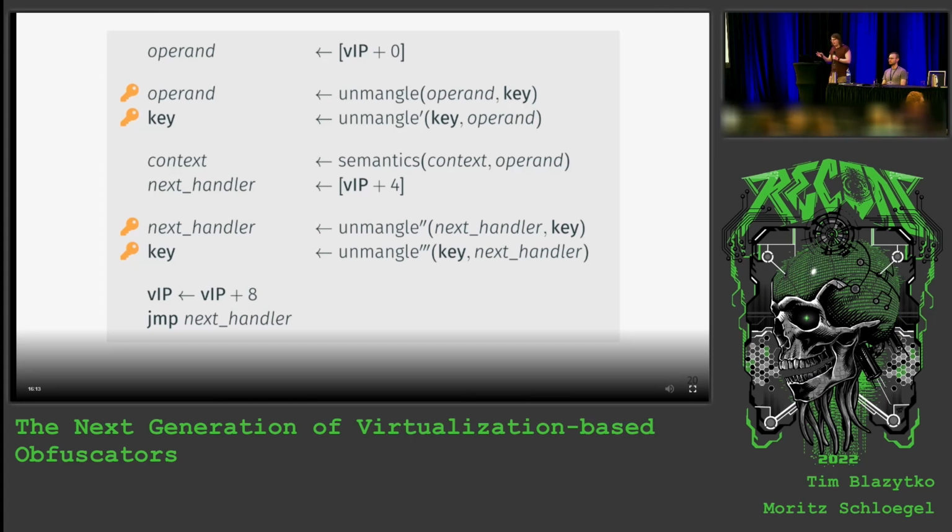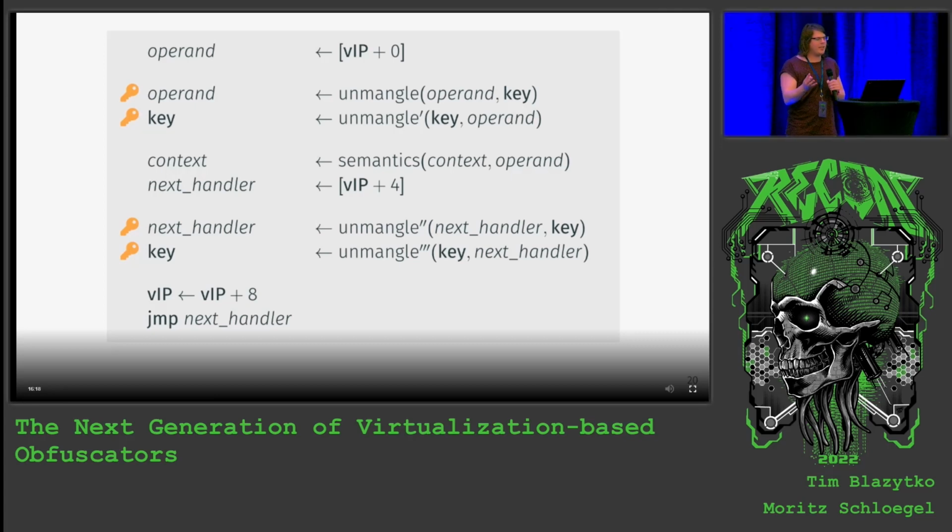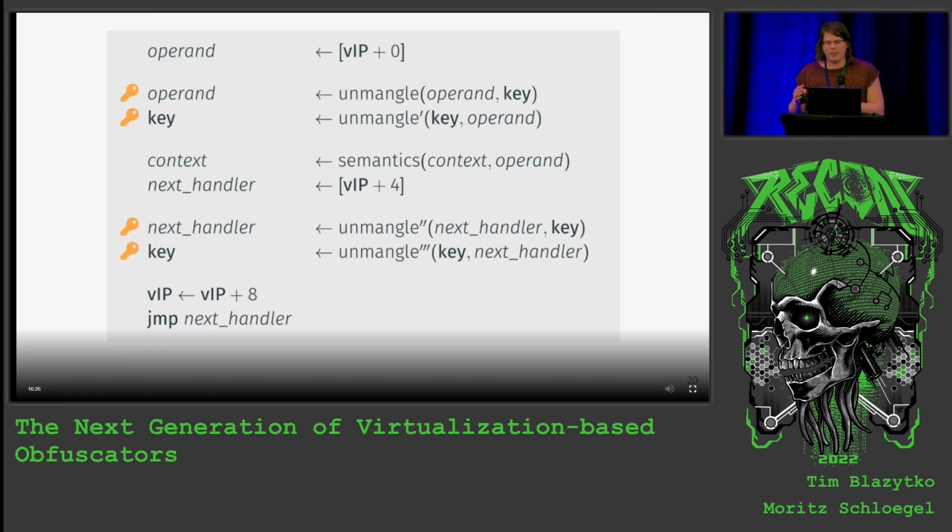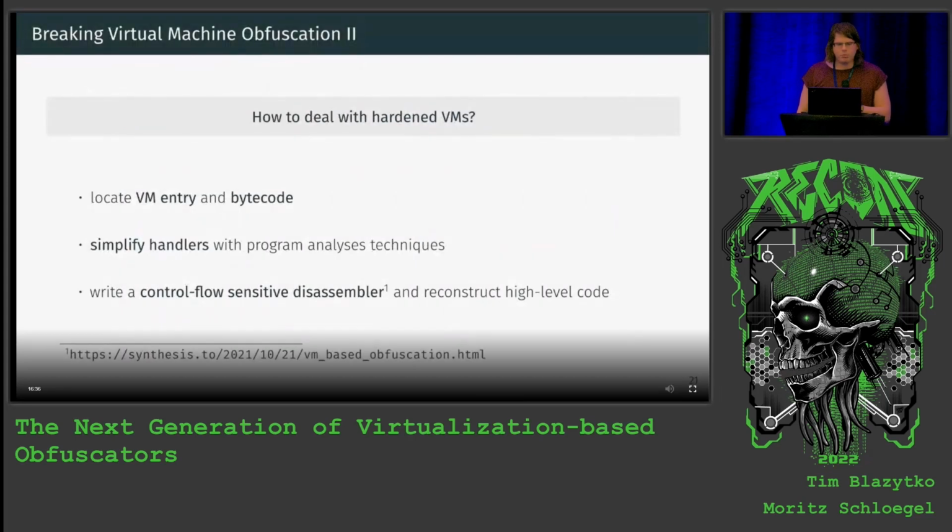We update the key, we perform the semantic operations, we fetch the next handler in an encrypted form, we decrypt it, and then we update the key again. So decryption itself is not real magic, it's more an XOR with a constant or something like that. But still, given its control flow sensitive nature, it's hard to bypass in general.